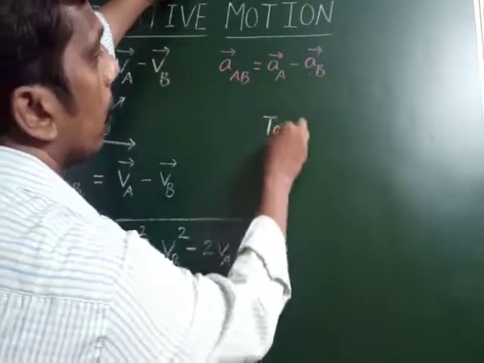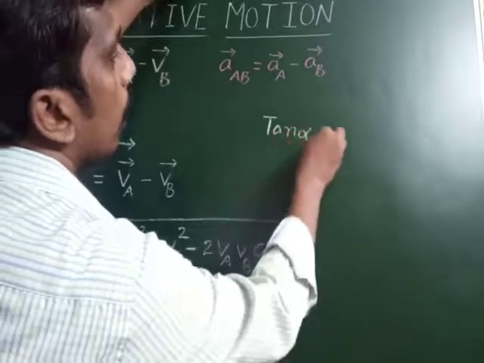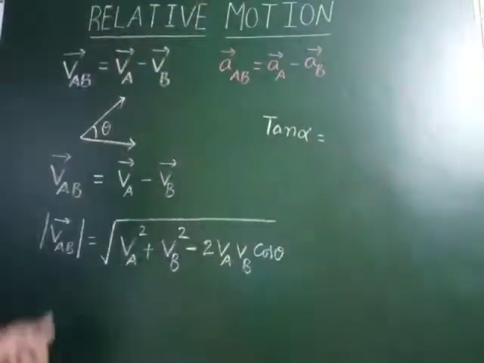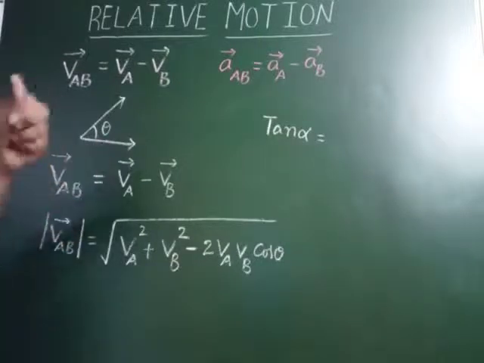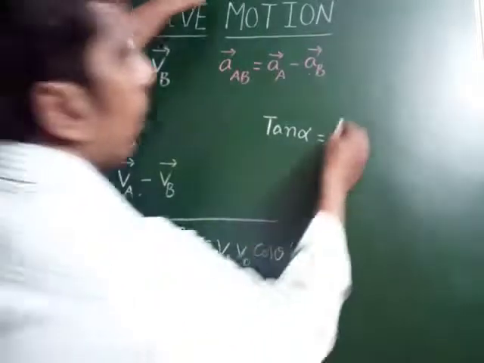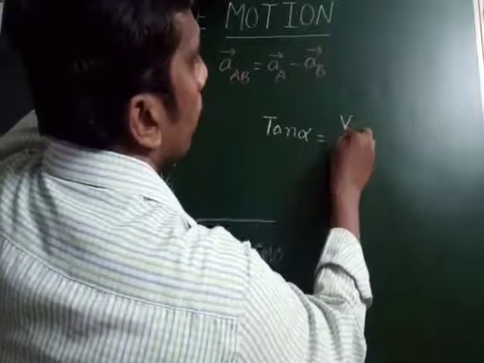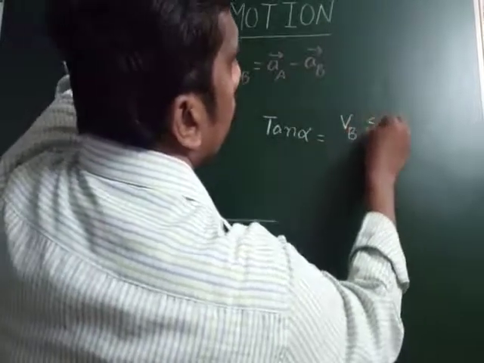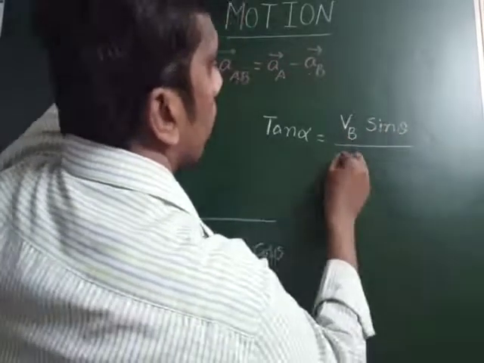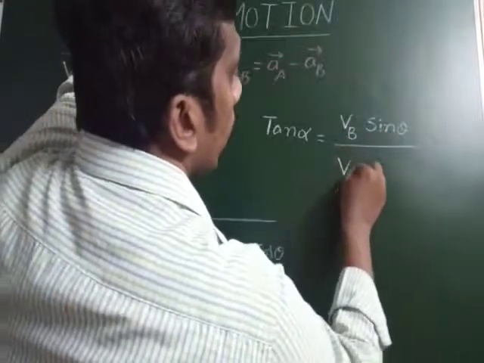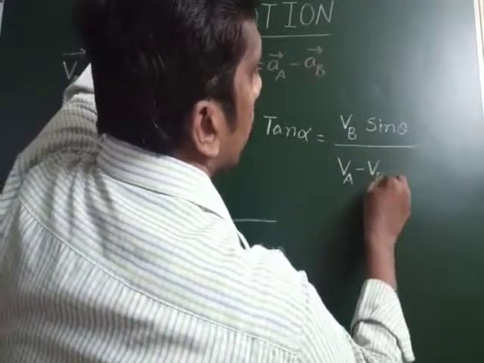Tan alpha is equal to, where alpha is the angle made by the relative velocity of A with respect to B with VA, tan alpha is equal to VB sin theta by VA minus VB cos theta.